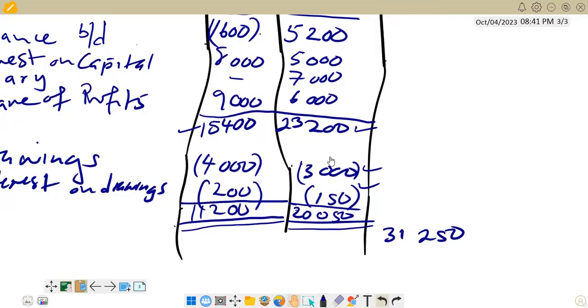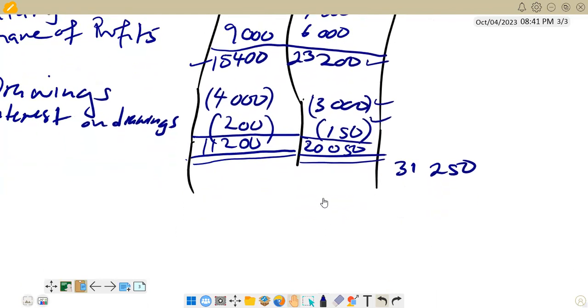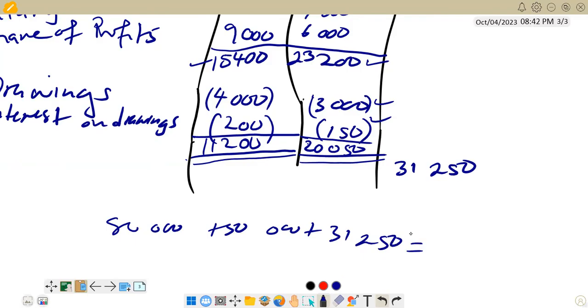Basically what we are saying is, for capital, we have got 80,000 and 50,000, so 80,000 plus 50,000, then we add 31,250 to get the second balancing figure.